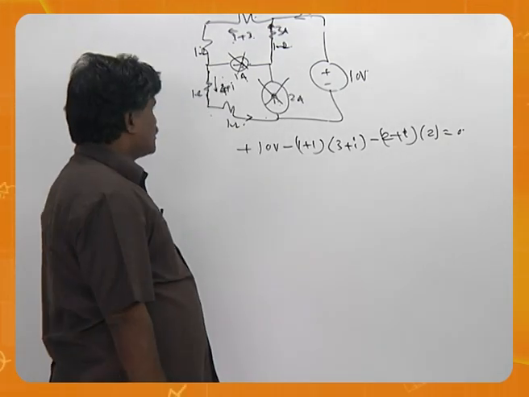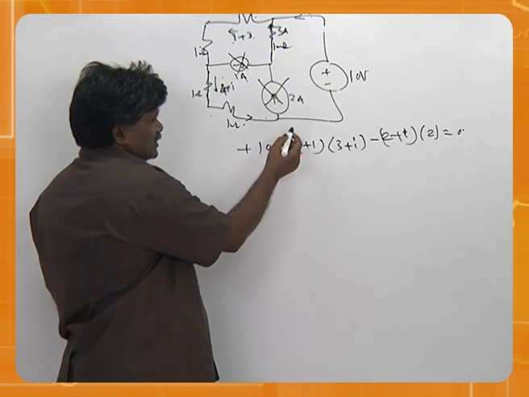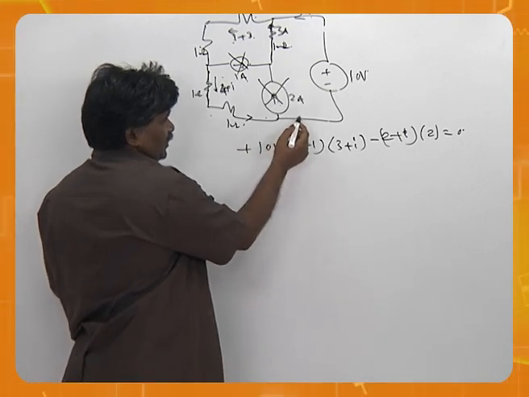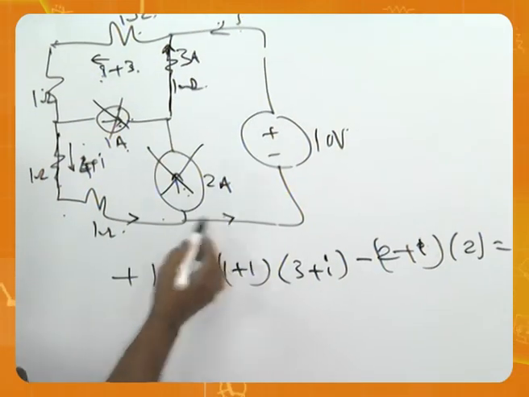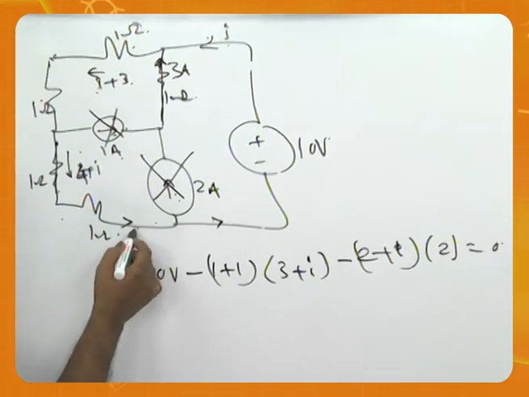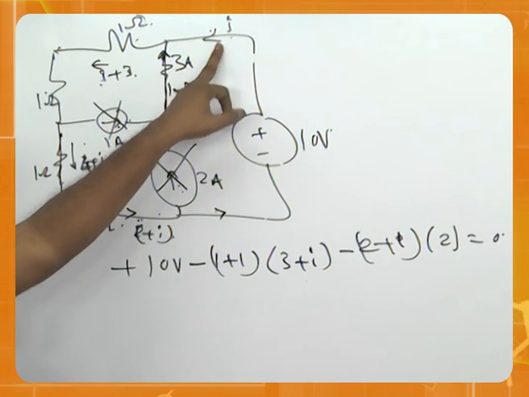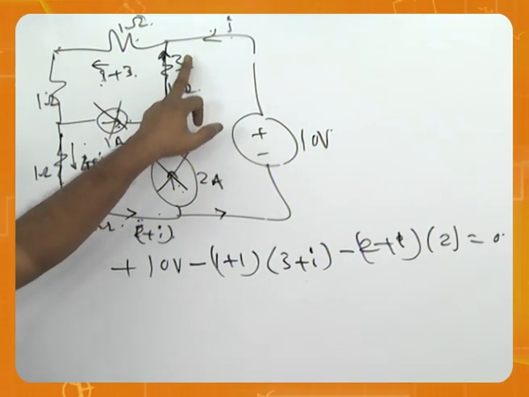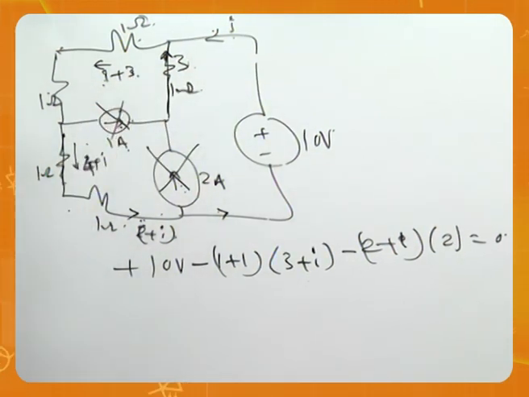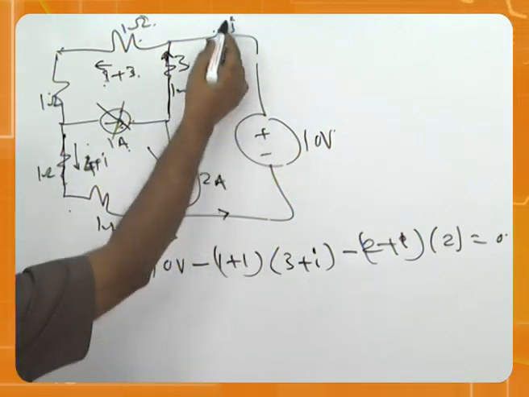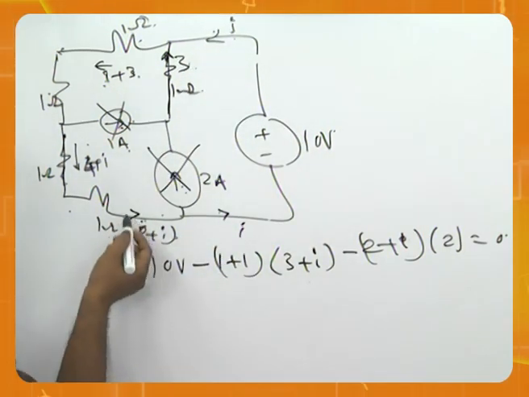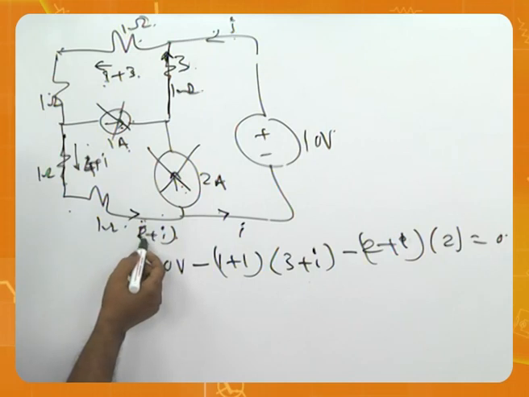Because when this current is I, this is also I. What's the current in this path? 2 plus I. So please understand, this is I, this is 3, therefore I plus 3. And here the same current I has to come, then 2 is going here.